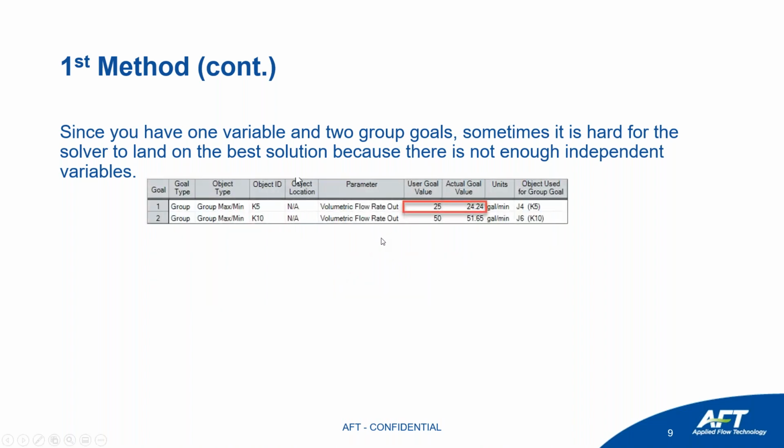So we will see that Goal Seeker will not be able to reach the minimum flow required for group 5 of the sprinklers.